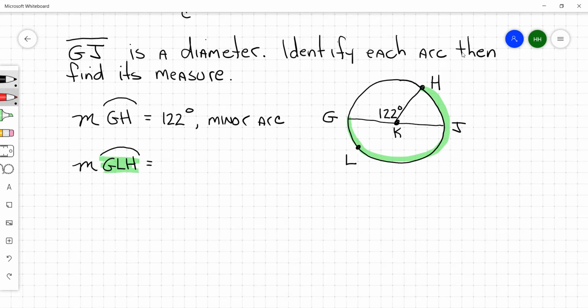Number one is you can take 360 and subtract 122. Okay? And 360 minus the 122 is 238 degrees.